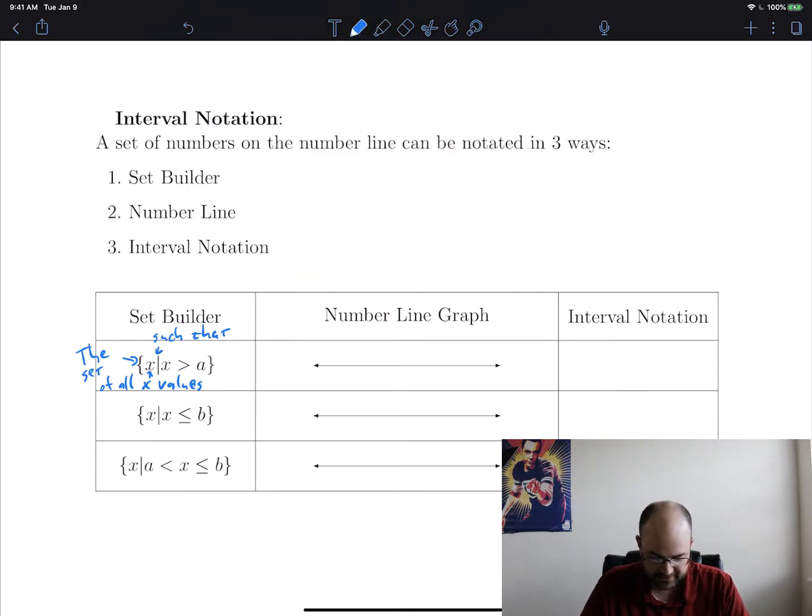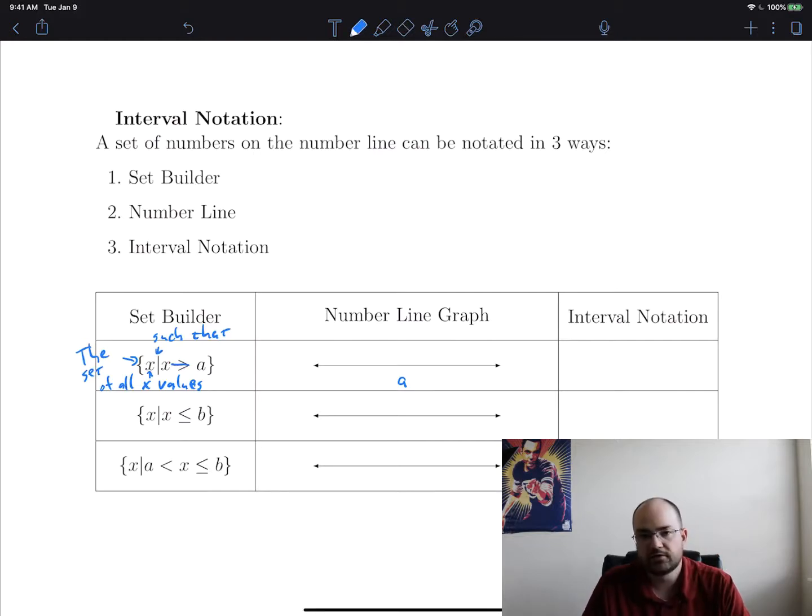So if we look at this, the number line for this representation would look like this. Basically, we just want to look at x is greater than a. So in this case, that means that a is somewhere here in the middle, and we're going to the right of a.